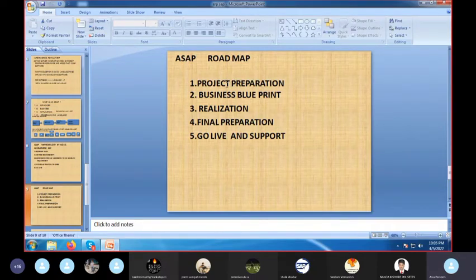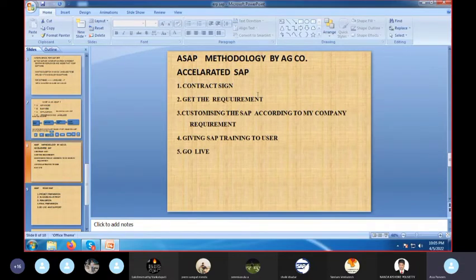But for functional consultants and technical consultants, there will be a kick-off meeting in which our manager will explain what the objective is, what the target is, and when it is to be finished, and there will be an introduction with one another. Later on, there will be a business blueprint. Blueprint is nothing but a document, as I said, to get the requirements.